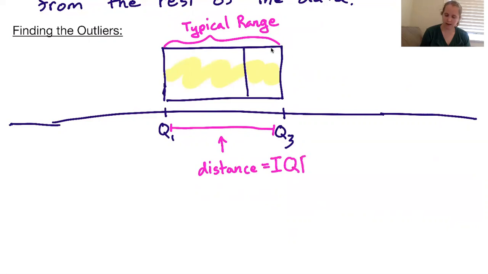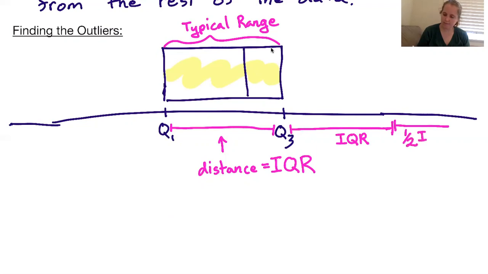And we are going to add that distance and then half of that distance again to both sides. So this is our IQR, and this is half of our IQR. And that will give us our boundary for what we expect.